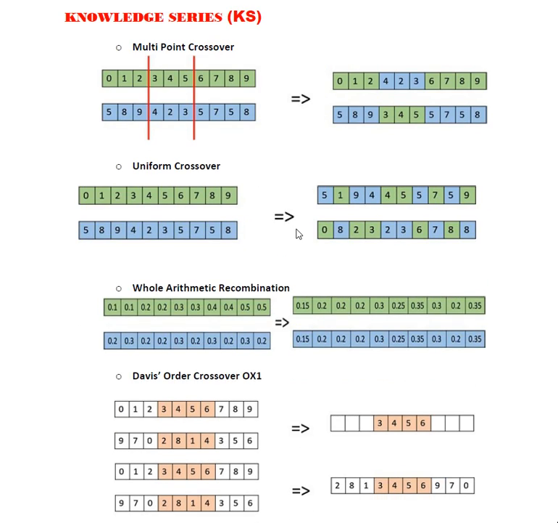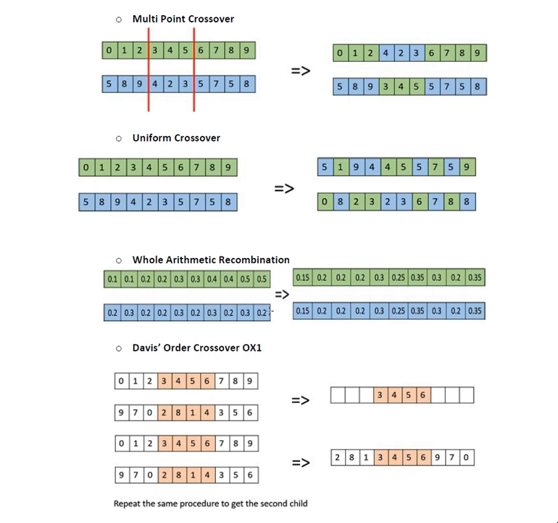Then we go with the arithmetical recombination. In the arithmetical recombination, what we do is that we take one function, and based on that function we try to put the value, and we try to generate the solutions. That means if you look across this one, 0.1, 0.1, this is the range up to 0.5.